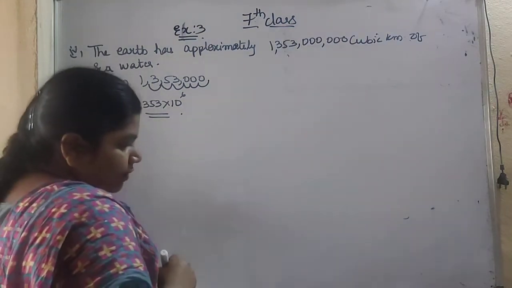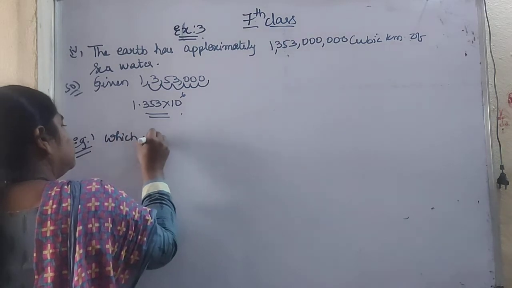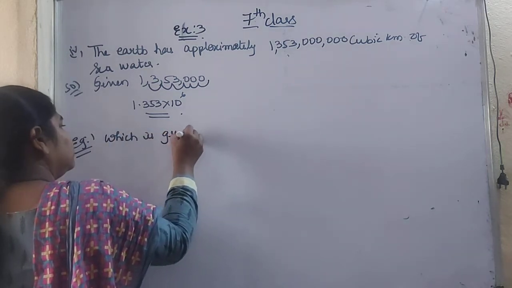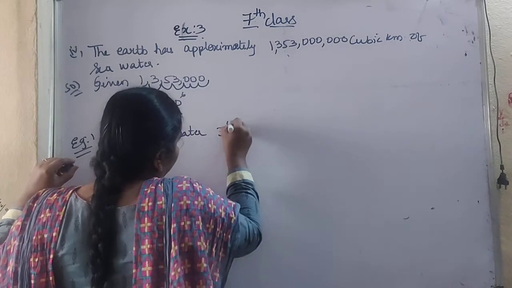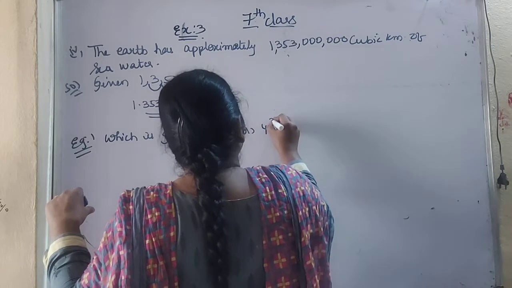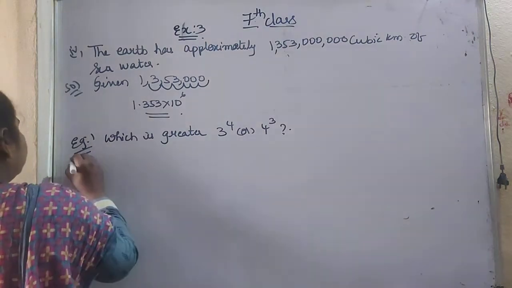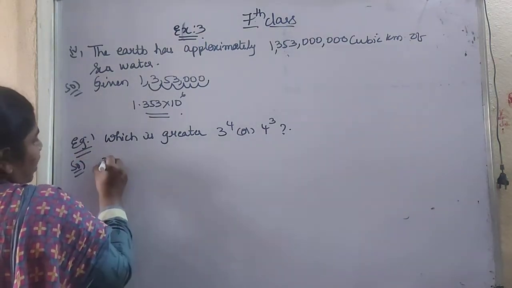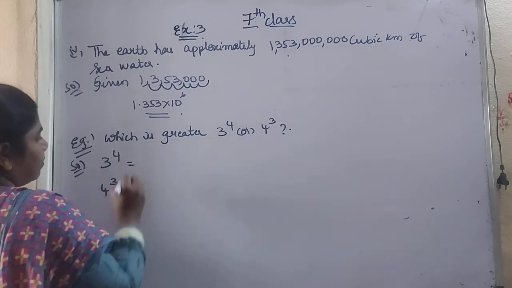Example number 1. Which is greater, 3 power 4 or 4 power 3? We have to compare these two.